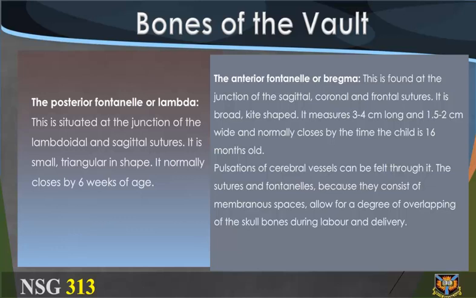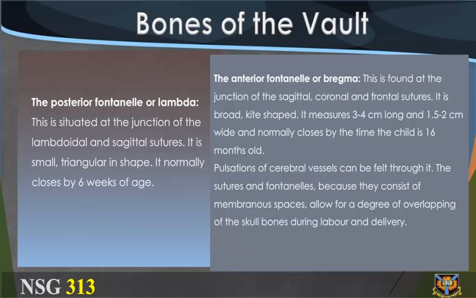The anterior fontanelle or bregma. This is found at the junction of the sagittal, coronal, and frontal sutures. It is broad and kite-shaped. It measures 3 to 4 cm long and 1.5 to 2 cm wide, and normally closes by the time the child is 16 months old.